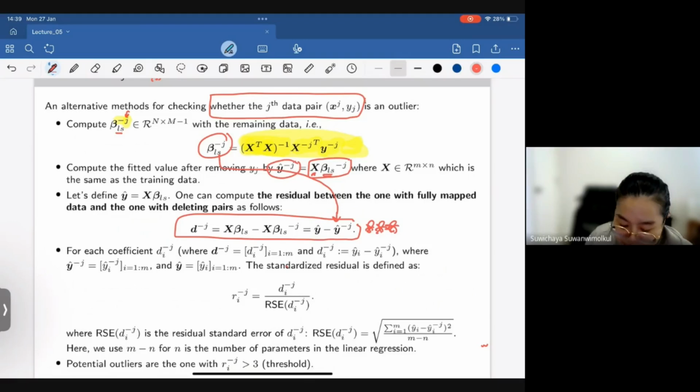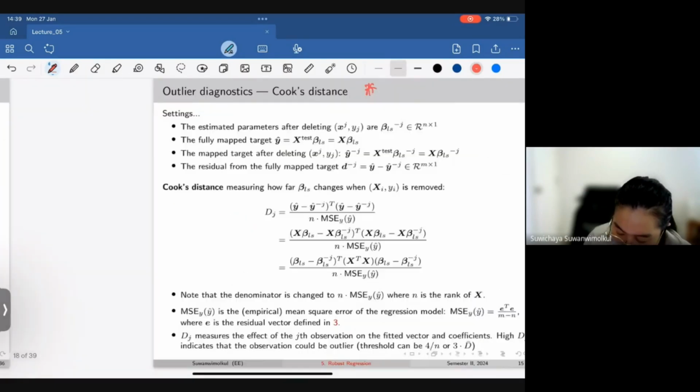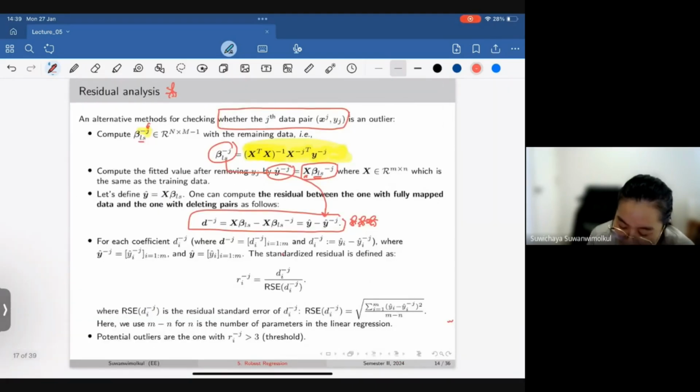But what is different between Cook distance and residual analysis is that Cook distance considers a squared error. Both use y hat and y hat superscript minus j, so they should be the same.